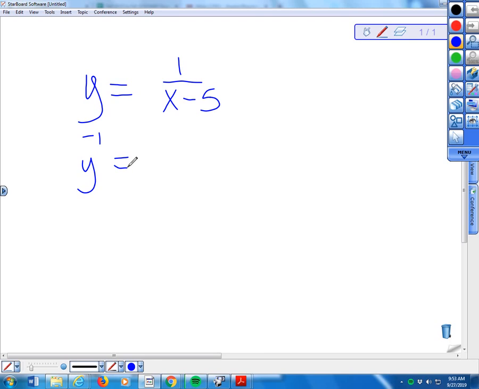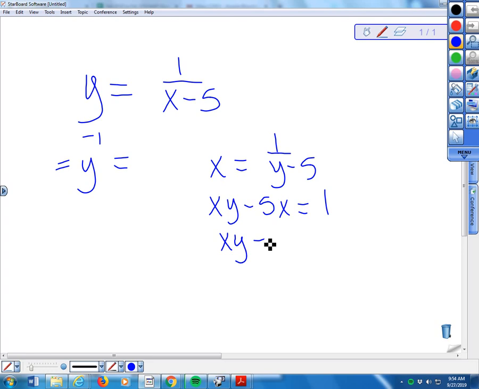Remember that? Okay, so we're going to say the inverse is, I'll just swap them. So x equals 1 over y minus 5. Now I need to solve for y. This is xy minus 5x, right? And I'm solving for y. That didn't work. 1 plus 5x.